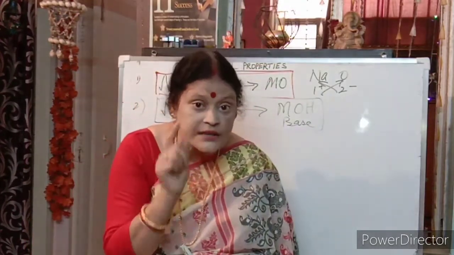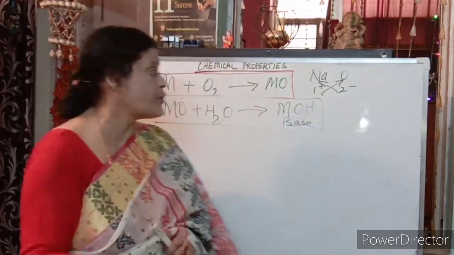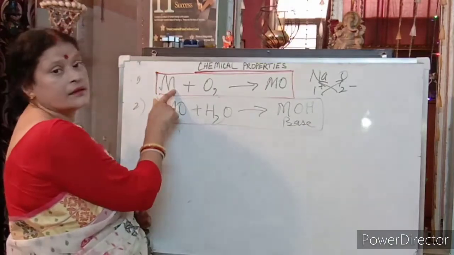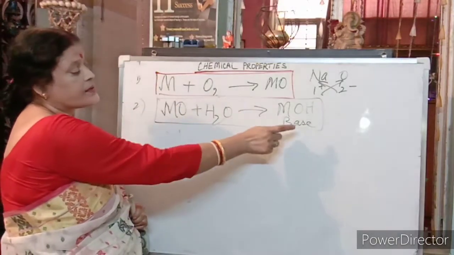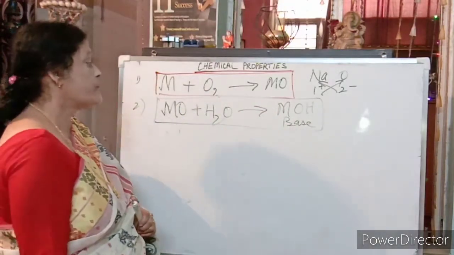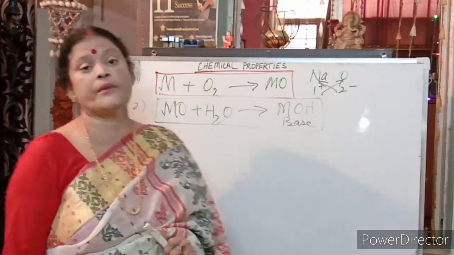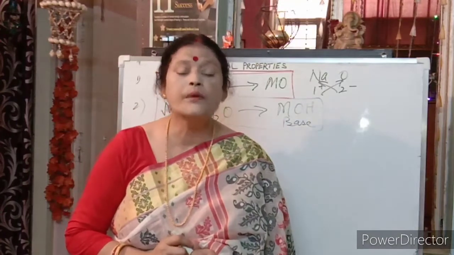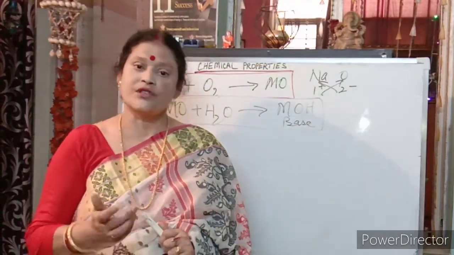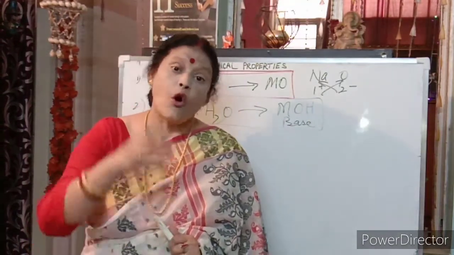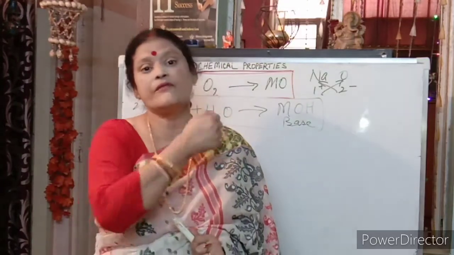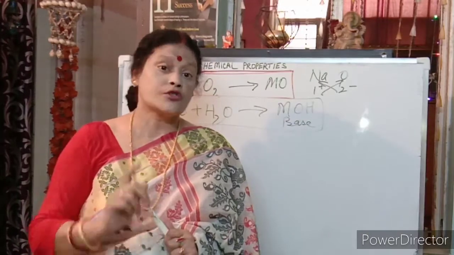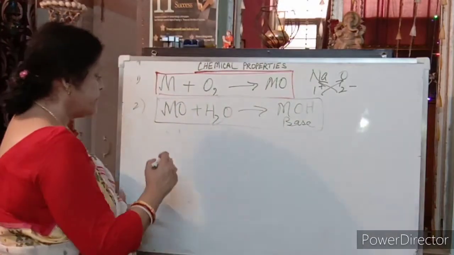No, metal oxide reacts with water to form a base. You have to mention both things, because that is what they are asking. So metal reacts with oxygen to form metal oxide, and metal oxide reacts with water to form metal hydroxide, which is a base. That means metals are basic in nature because they always form a base.